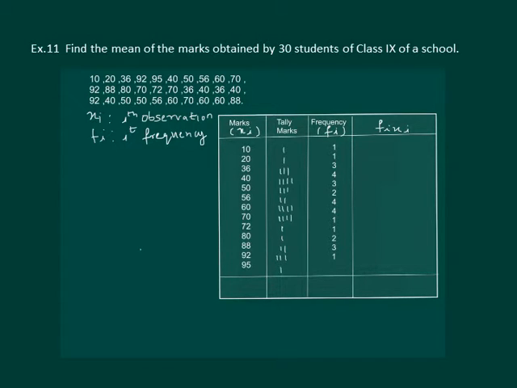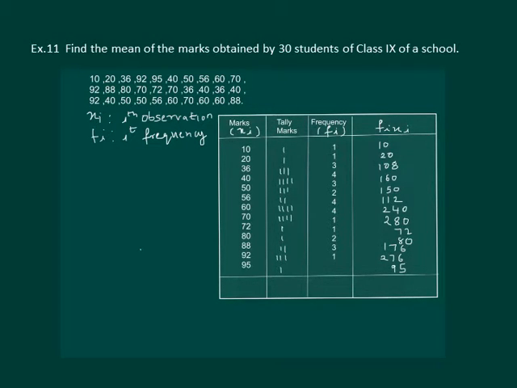So we have 1 into 10 is 10, 1 into 20 is 20, 3 into 36 is 108, 4 into 40 is 160. Likewise, we complete the column.